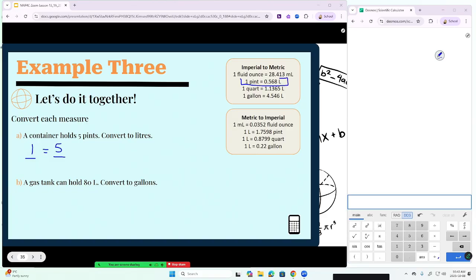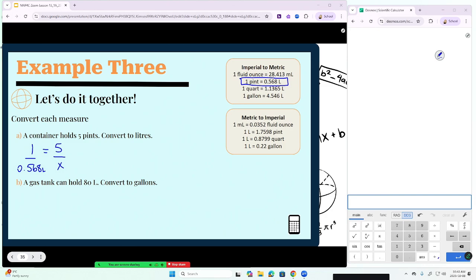Over on the side, I've done the research, so to speak, for you. It's from our book. 1 pint is equal to 0.568 liters, and that's our unknown. We don't know how many liters 5 pints is going to be, so that's our x.